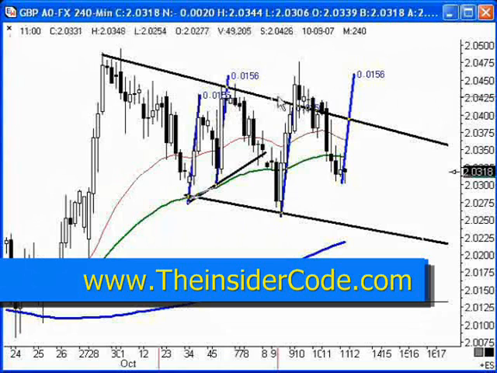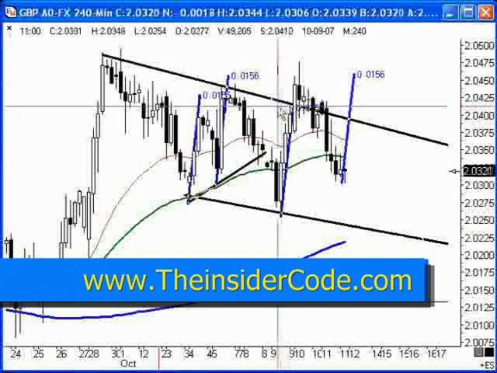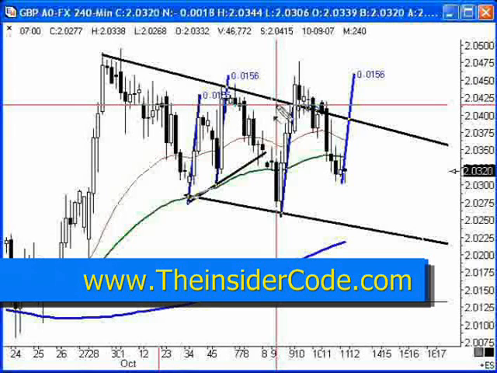So you can see here, we've got one move up that was 156 pips. The market pushes back down, comes up, almost 156 pips again, comes down. Now here you can see, let me place a line on here. This move down here was just a little bit more than 156, and this move back up was a little bit more than 156.